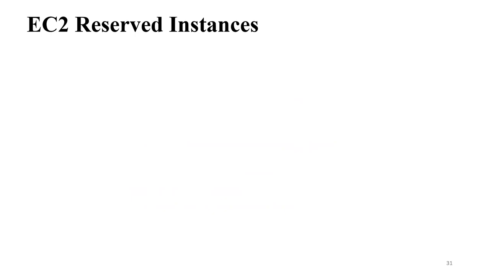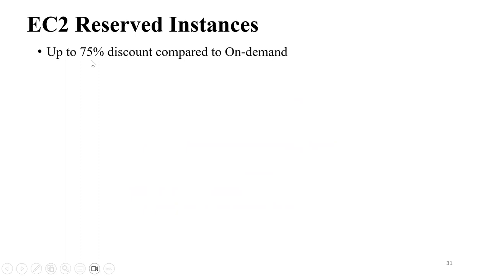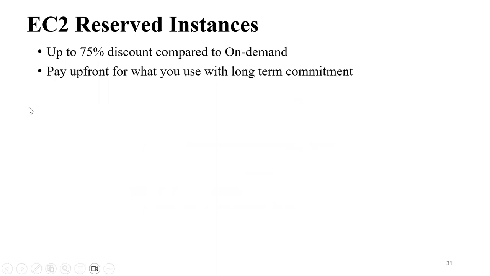But as we are understanding, the reserved instances. What about the reserved? There is no option of 1 year or 2 years. Either 1 year or 3 years you can take. But compared with on-demand instances, you can get up to 75% discount, because you are making a long commitment, right?